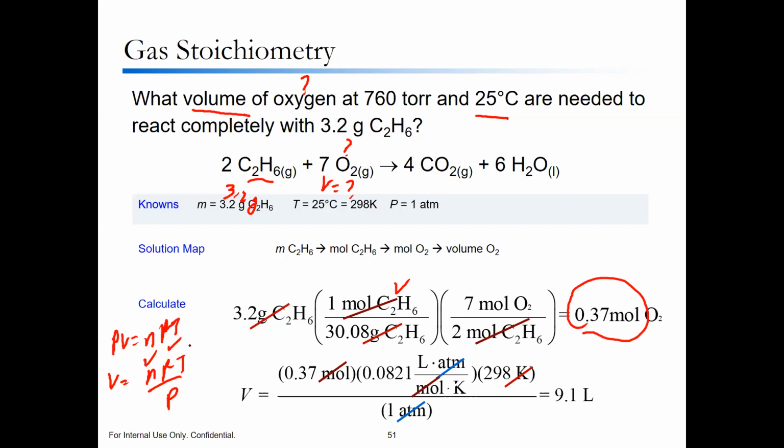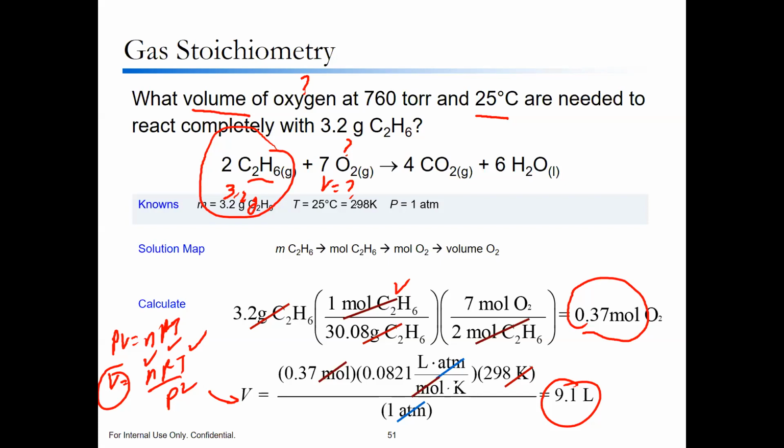I know R, I know T, I know the pressure, and I solve for V. That's what we did over here. 9.1 liters. So if I have 3.2 grams of this compound, I need 9.1 liters of oxygen to react with this compound.